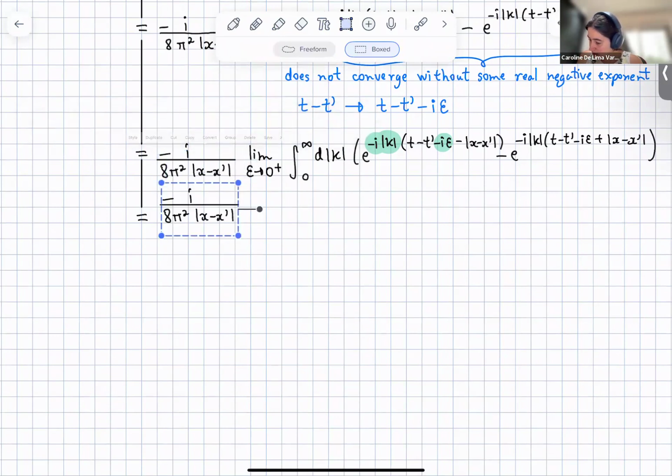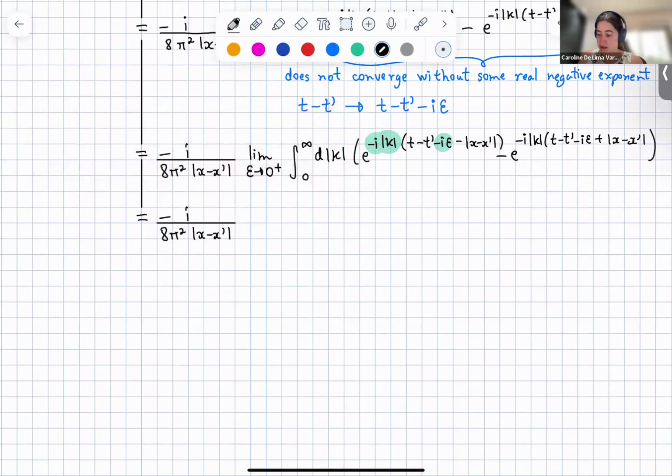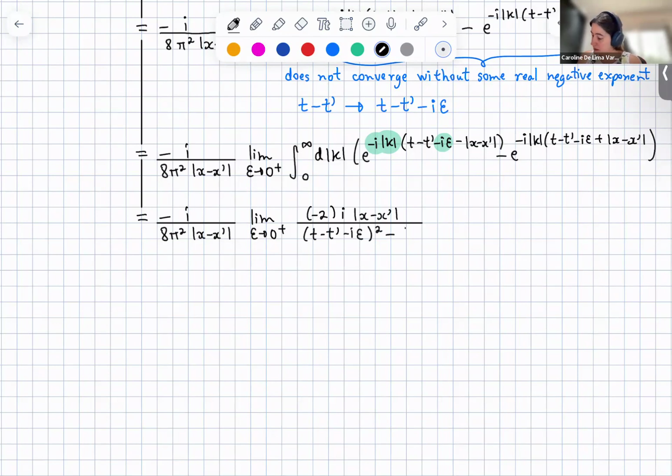what we're going to see is that this is going to be the limit of epsilon going to 0 plus of minus 2i times the norm of x minus x prime, times t minus t prime minus i epsilon squared, minus x prime squared.